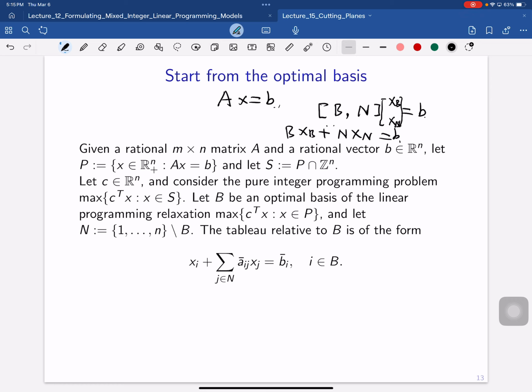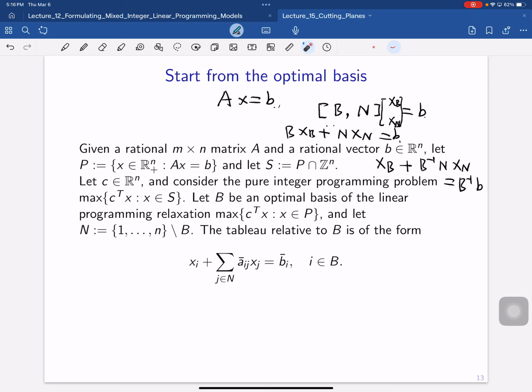Then you multiply B inverse on both sides. What we got is xB plus B inverse times N times xN equals B inverse b. So at this basis B, xB equals B inverse times b, and all the xN equal 0. That's what we did in the simplex algorithm.